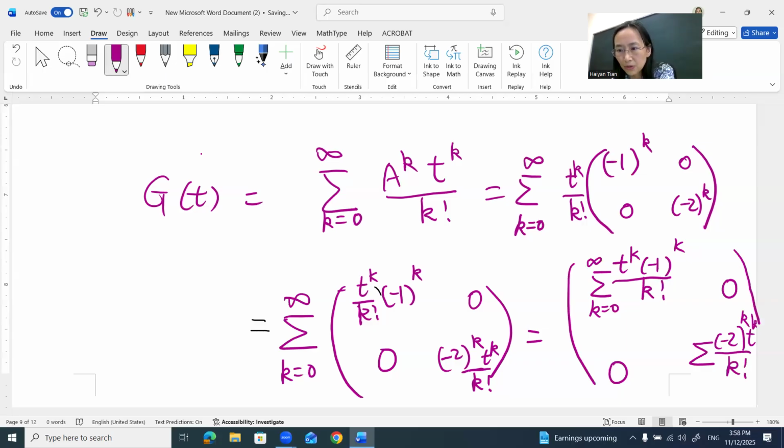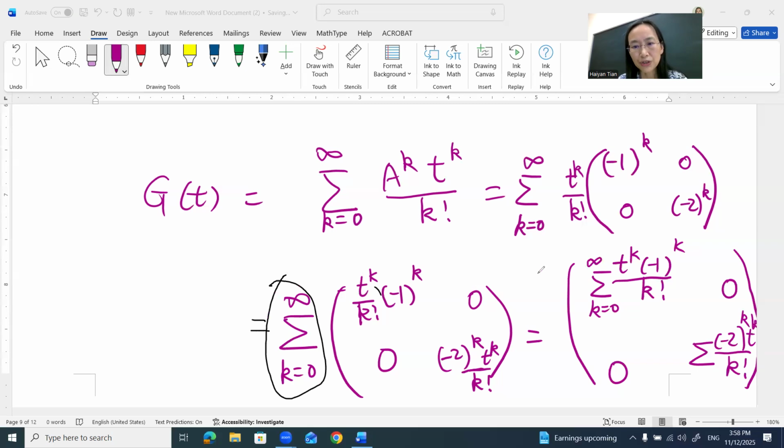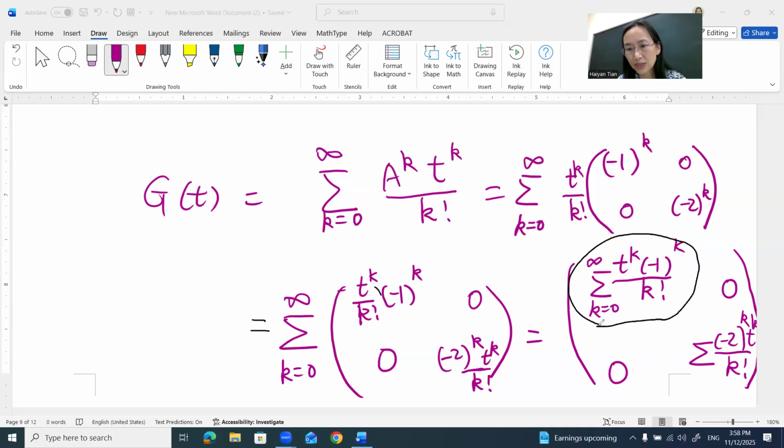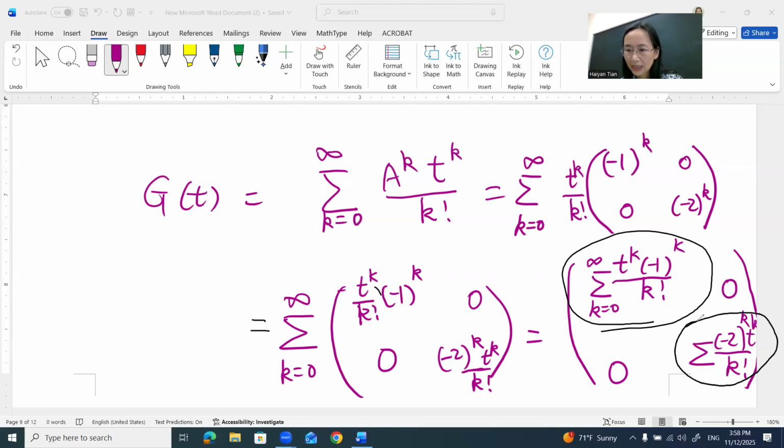So now we have the sum. This infinite series, the summation of all these matrices, is now reduced to the sum of the corresponding entries. And then we want to see, do we have a limit for this infinite series? So what is this entry exactly? If we can find those entries, then we have found the fundamental matrix.